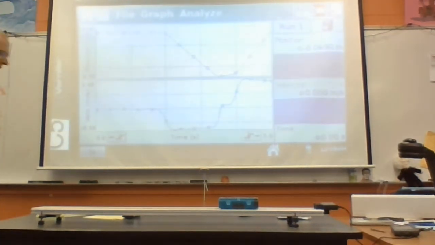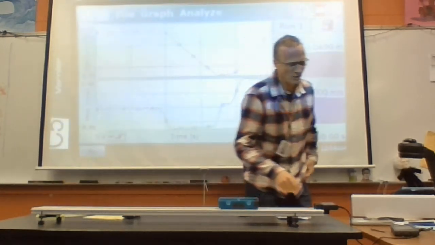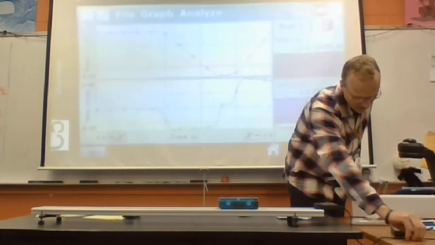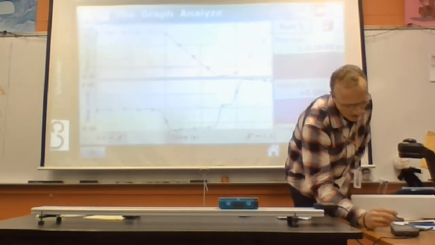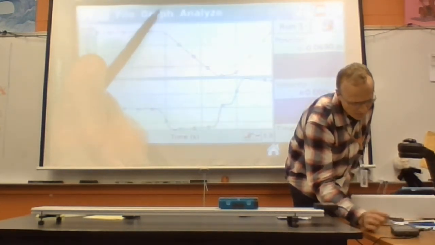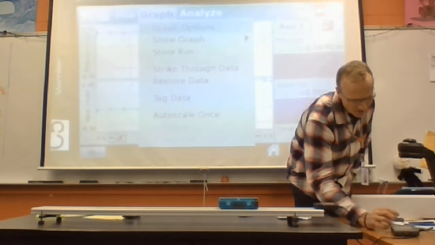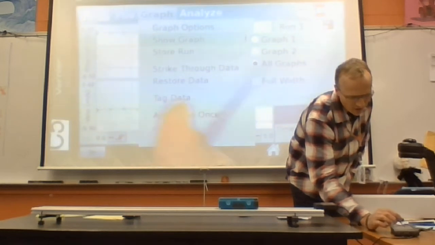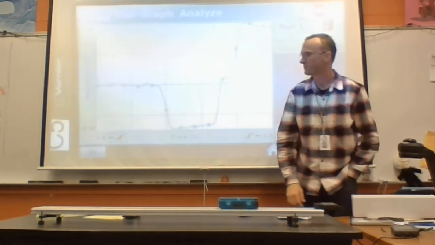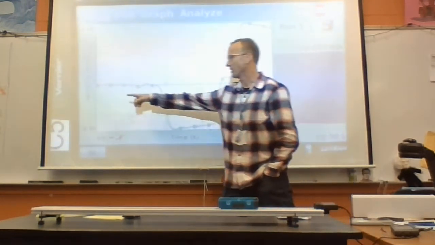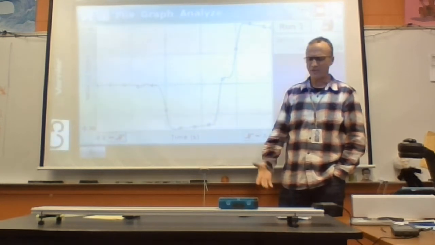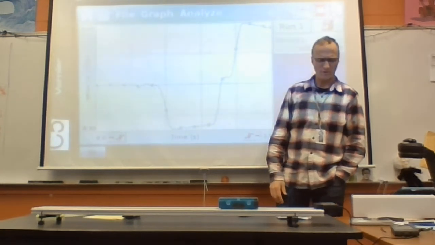Okay. I will narrate. What I'm going to do is tap the graph menu. And this says show graph. I want to show currently all graphs, but I want to show just the second graph. And when I do that, I can see just the velocity versus time graph. Okay, so that's how I can display just one graph.